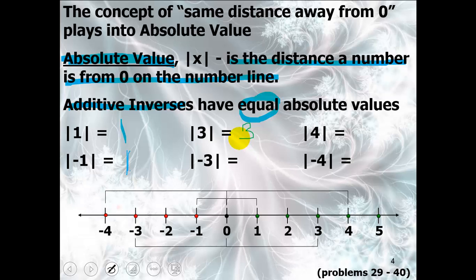The absolute value of -3, 3, because it's 3 units away. Absolute value doesn't care what direction it is. It's just distance. Why don't you try 4 and -4 on your own, and then come back and see if you got it right.